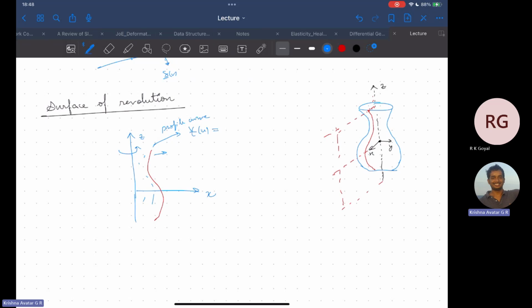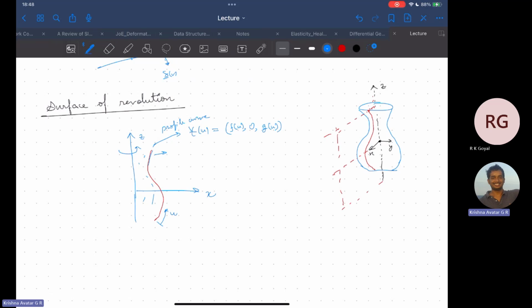Gamma vector u is equal to f of u, which implies the function behavior of this curve, and its component along the x-axis is f of u, and the profile curve has no component in the y direction, so 0, and this has g of u, and u starts from here and goes to the top, right?